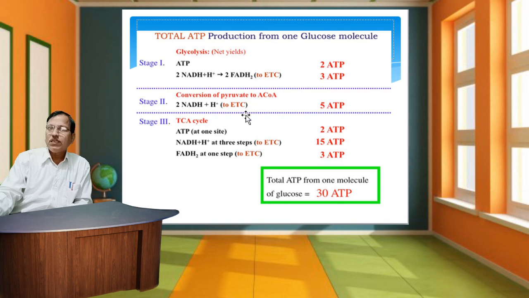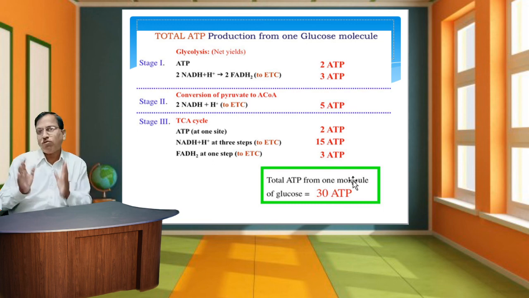Overall, the net gain of ATP molecules from one molecule of glucose is the sum of all this yielding energy, a total of 30 ATP.